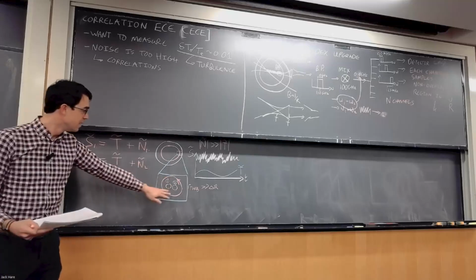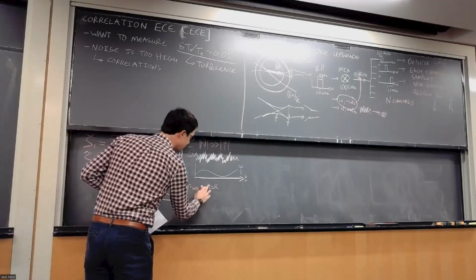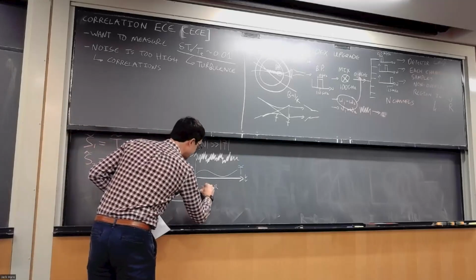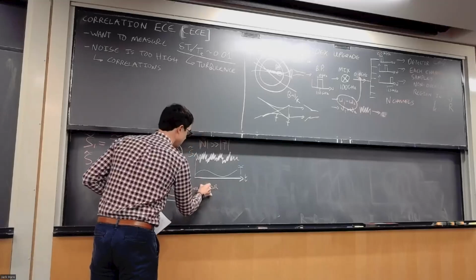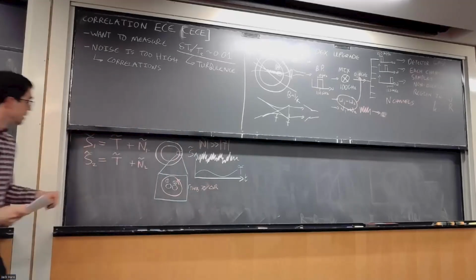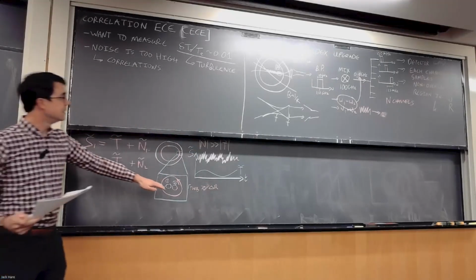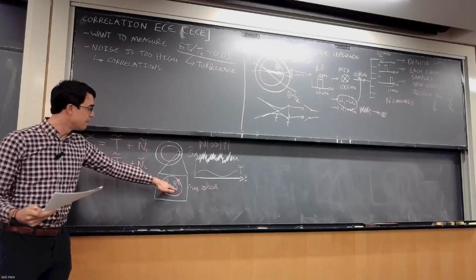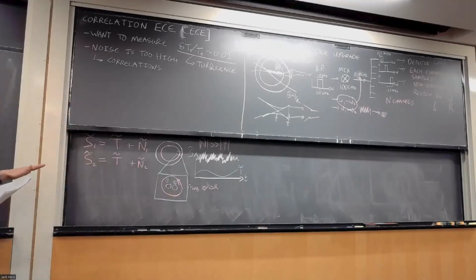And again, I don't need this to be much greater than. I just need it to be greater than or on the order of. And again, these are really, really closely spaced, 100 microns or so apart. This is really, really tiny.